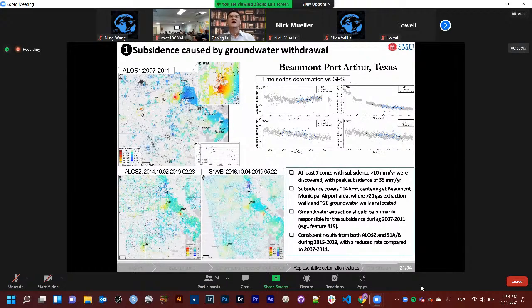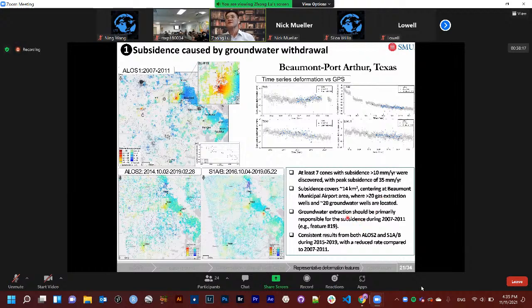But at this square area, centered near the Beaumont Municipal Airport, there is a lot of extraction of groundwater, and the subsidence during this time can reach about 3 centimeters per year. With such subsidence, I have no doubt people have to do a lot of repaving on the airport runway and deal with some other infrastructure issues, right?